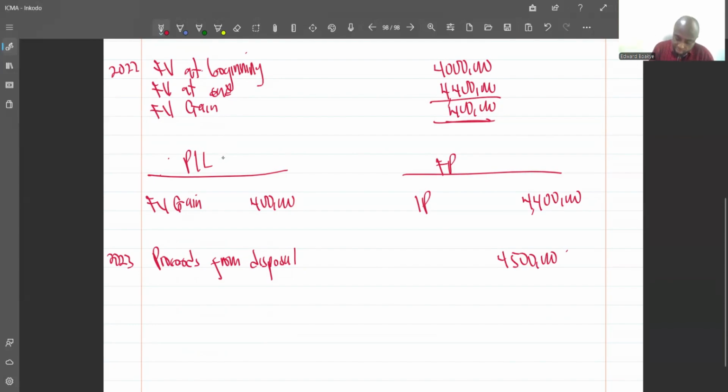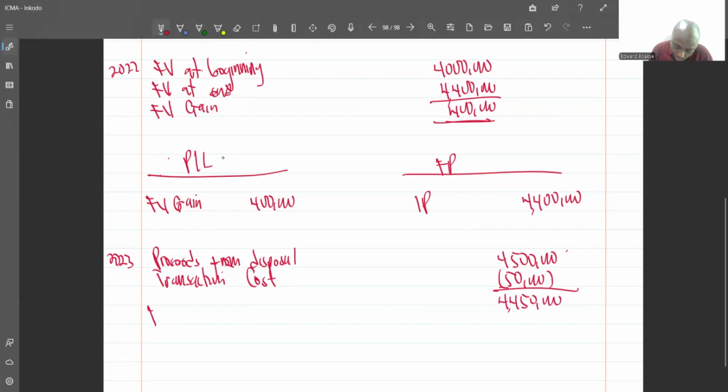However, there was a transaction cost of 50,000, so we have to subtract it from the proceeds. So 4.5 minus the 50,000 will give us 4,450,000.